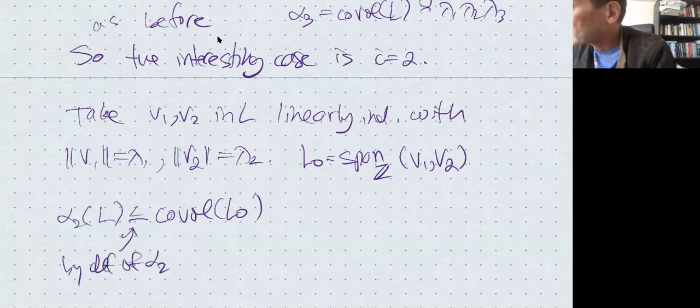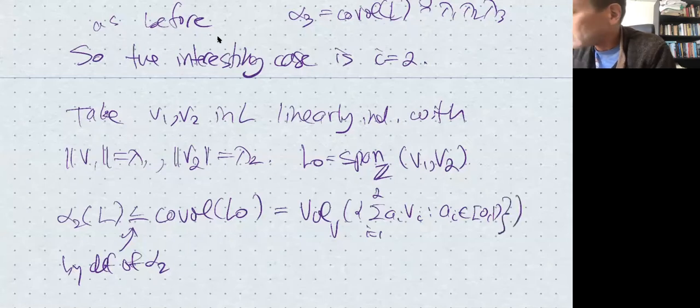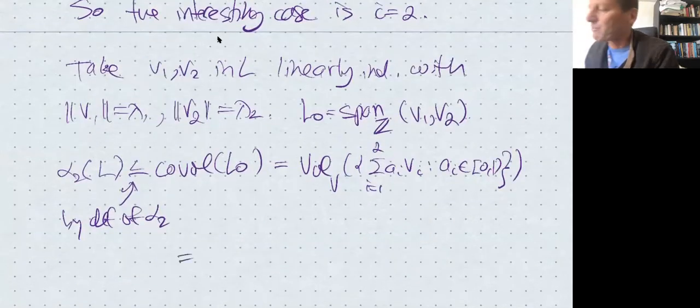The co-volume of L0 is the two-dimensional volume of the following set, a parallelepiped spanned by V1 and V2. This just goes from 1 to 2. And in 2 dimensions, this is a parallelogram.